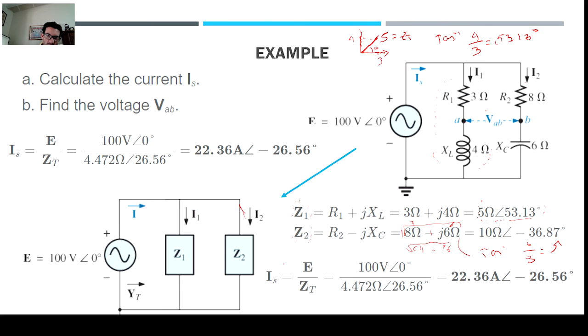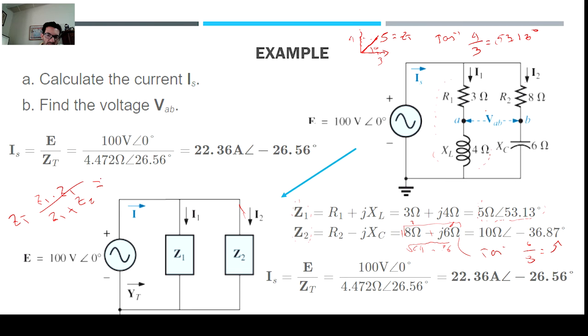So if you do that, it will simply be Z1 times Z2, I'm talking about total impedance, divided by Z1 plus Z2.